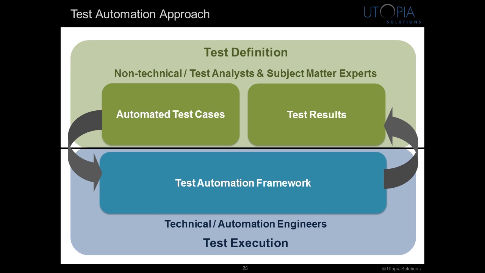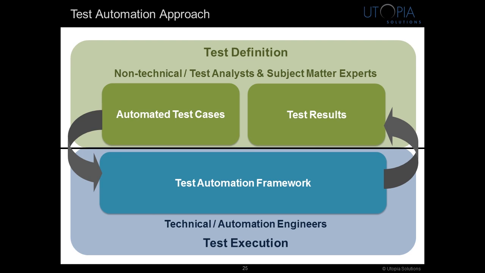So first, from an approach perspective, one thing that I often see with frameworks is that they require an automation engineer to handle all the activities, meaning that the tests themselves are defined in a way that only the automation engineer has access to or understands. This is probably fine if you have a single application and the effort associated with automation doesn't ever exceed a single resource. However, if you're implementing automation across multiple applications, this can become extremely inefficient.